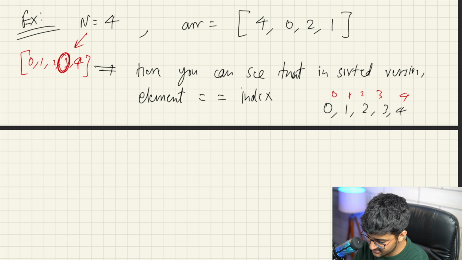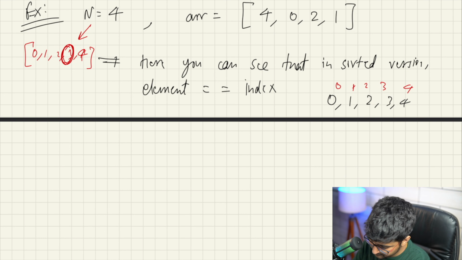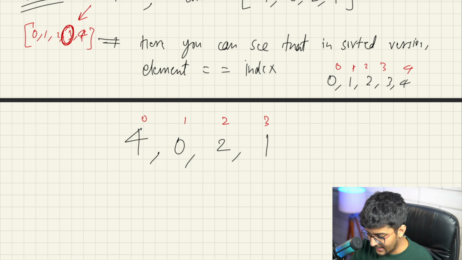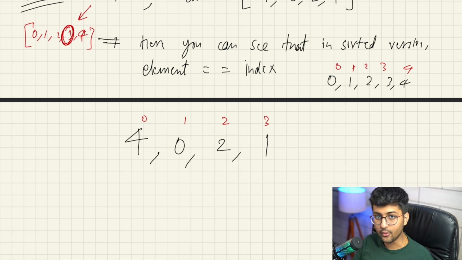Let's try to solve this. 4, 0, 2, 1. I mentioned that in the original sorted array, 0 will be at the 0th index, 2 will be at index 2, 1 will be at index number 1, and 3 is missing. So what about 4?